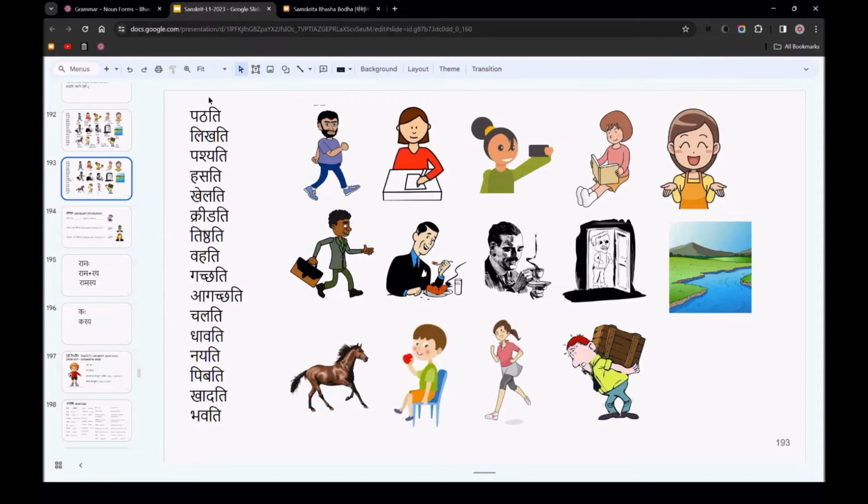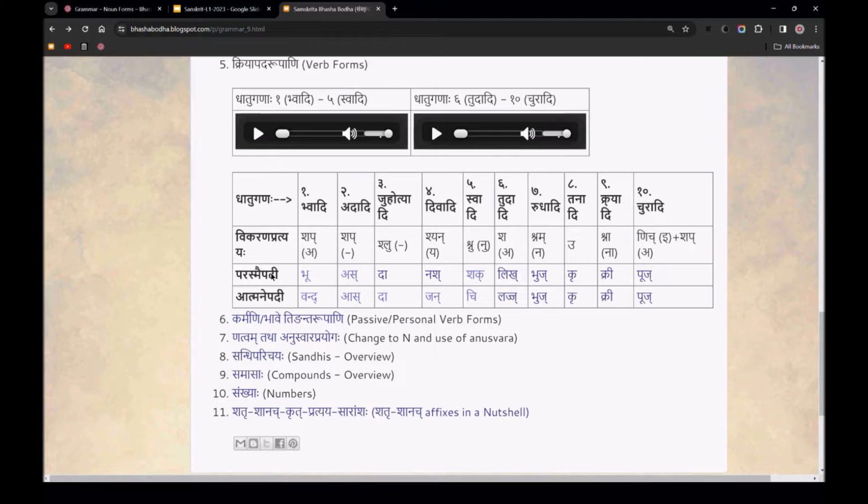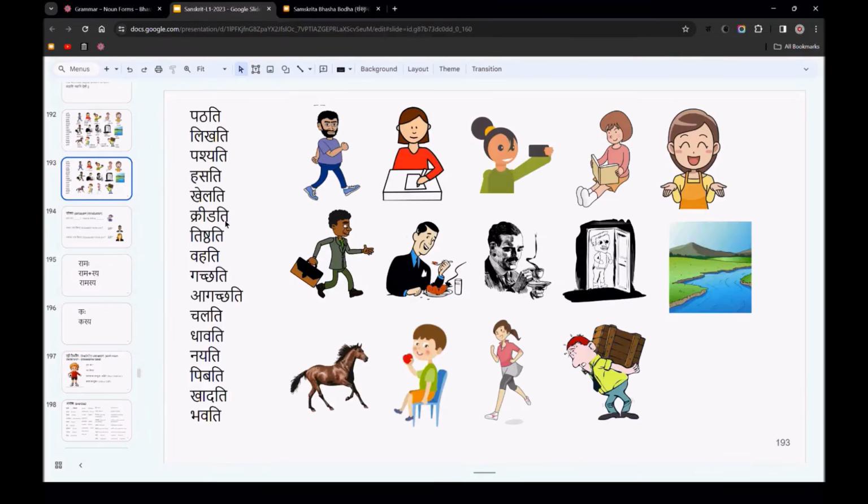So that means all these examples that we are seeing now belong to one category, the first category. What we call parasmaipadi, this category of dhatus. Yeah, good question.